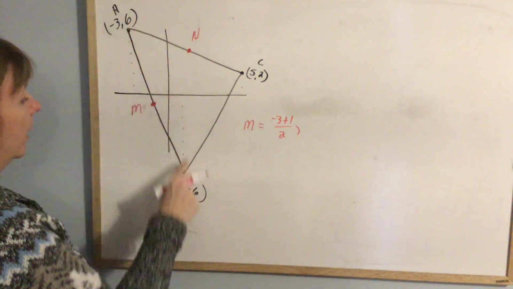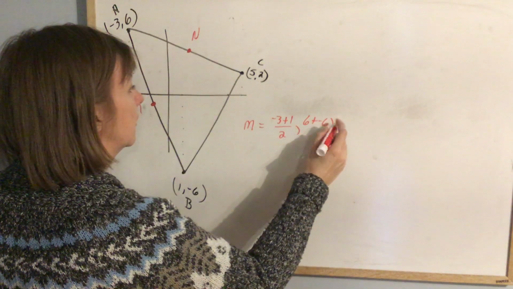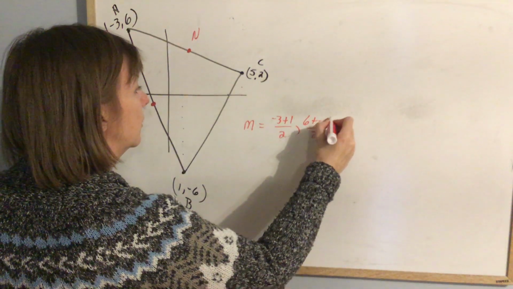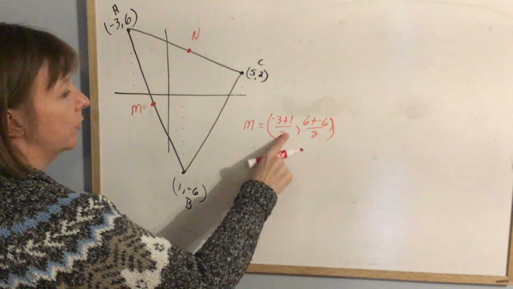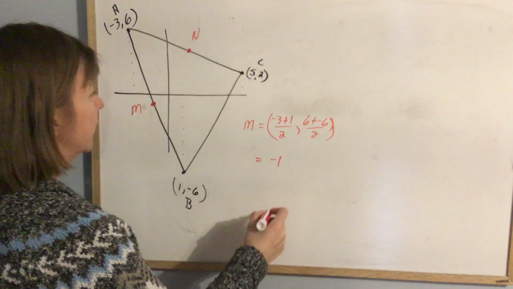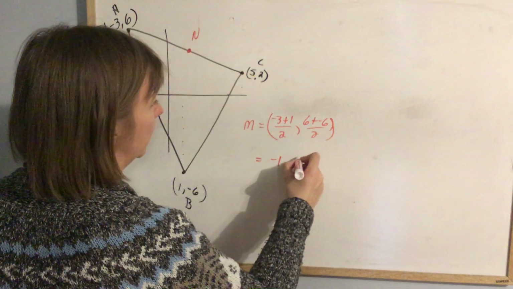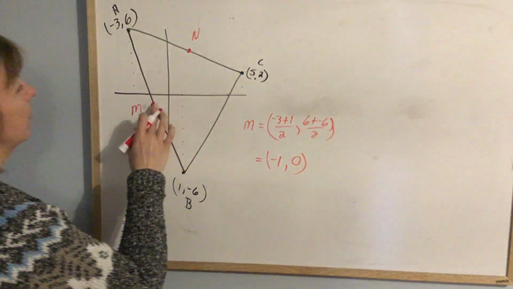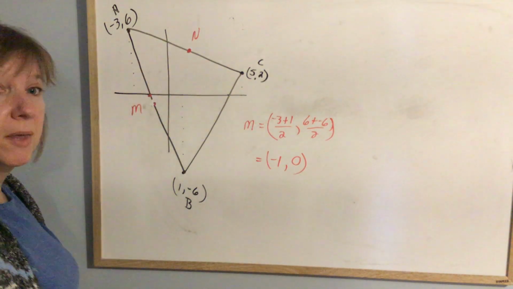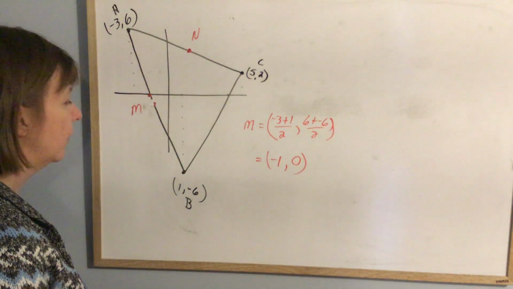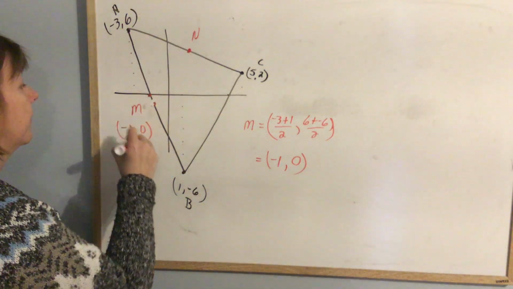And y plus y, so 6 plus -6 divided by 2. So negative 3 plus 1 is negative 2, divided by 2 is negative 1, and 6 plus negative 6 is 0, divided by 2 is 0. So negative 1 and 0. So that kind of makes sense. I just was off a little bit on where my middle was. It was just up here a little bit. So that's fine.